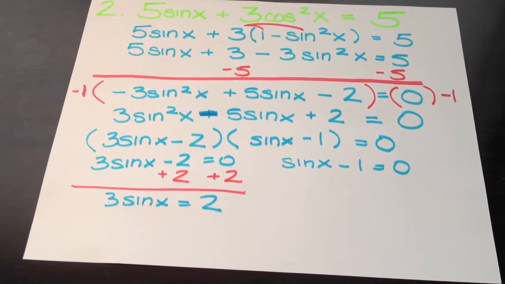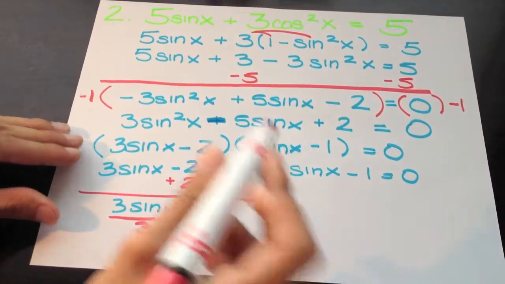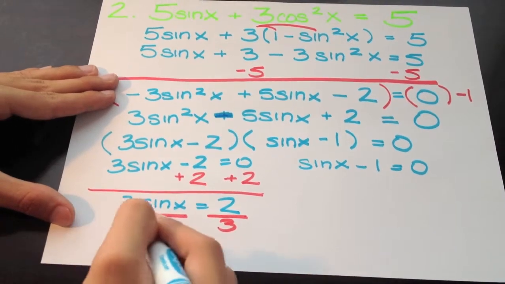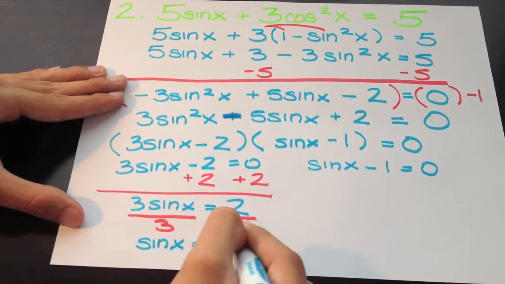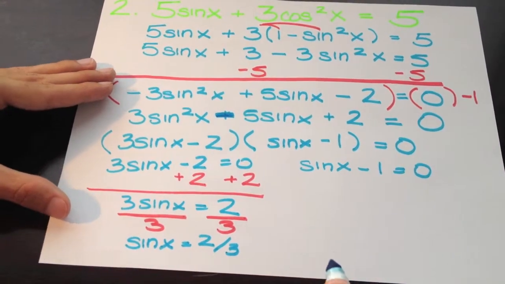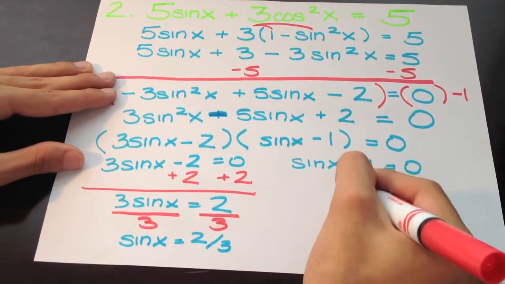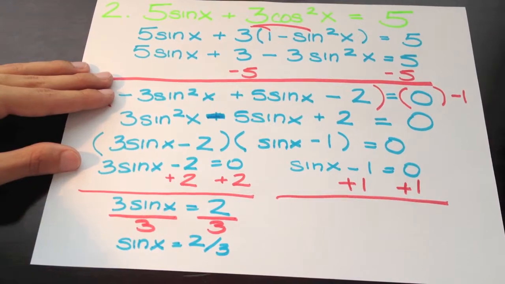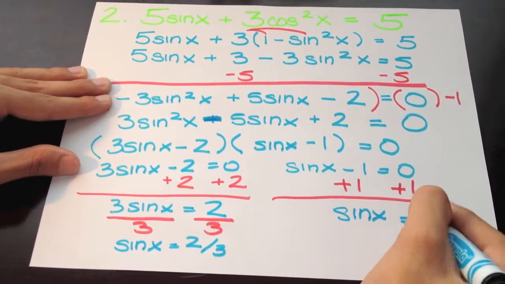Now we're going to divide by 3, and that's going to give us sine of x equals 2/3. On the other side, we're going to add 1 to both sides, and that's going to give us sine of x equals 1.